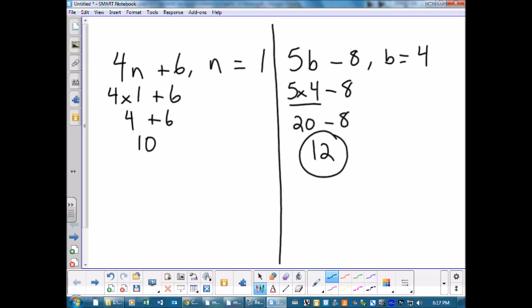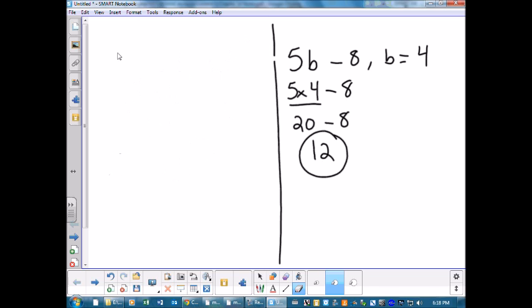Okay, is that making a little bit of sense? I hope so. Okay, I'm going to give you another one. What if we went 9 minus 2L when L equals 3?